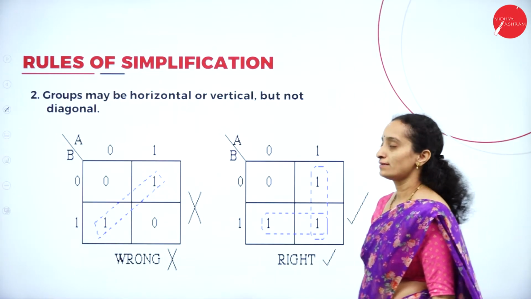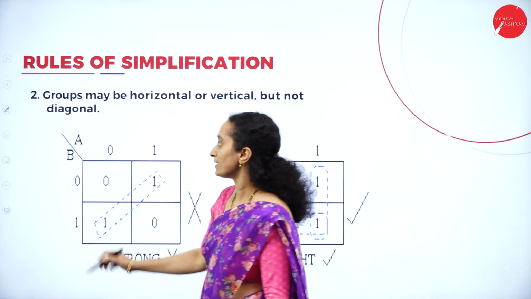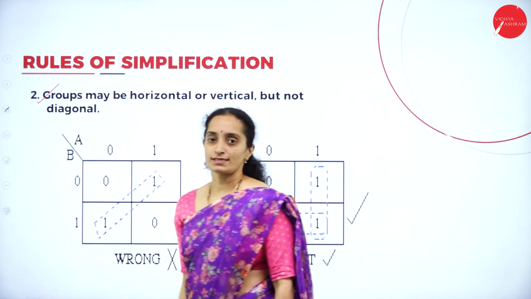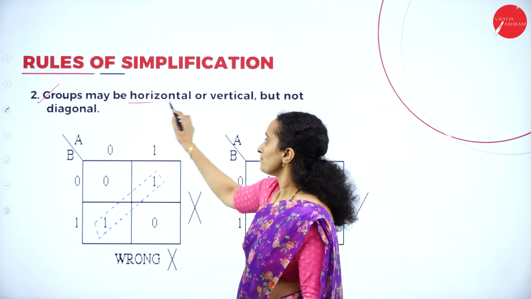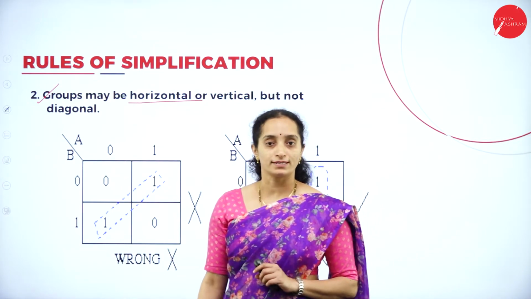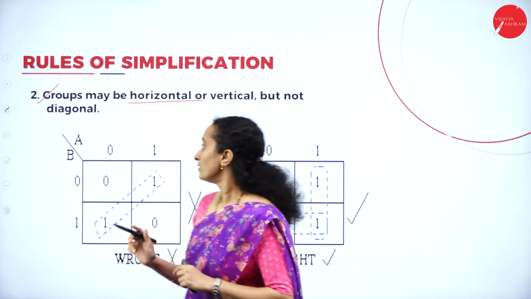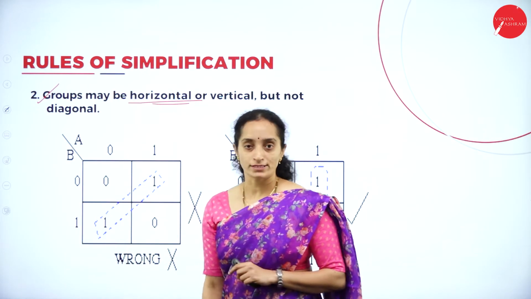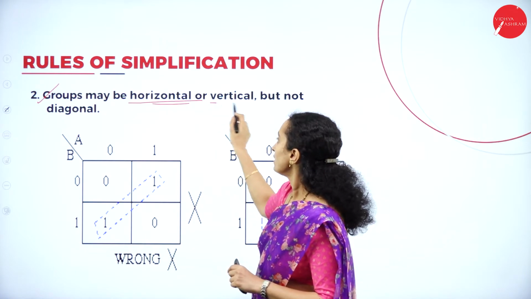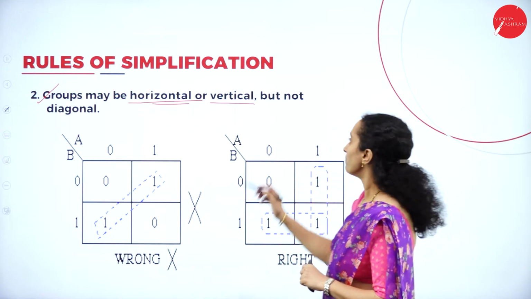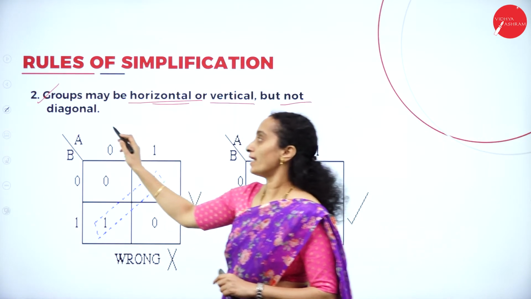What is the next rule of simplification? The second rule suggests that groups may be horizontal or vertical. If you want to group the ones in the map, you can group them in a horizontal way or in a vertical way, but not diagonally.